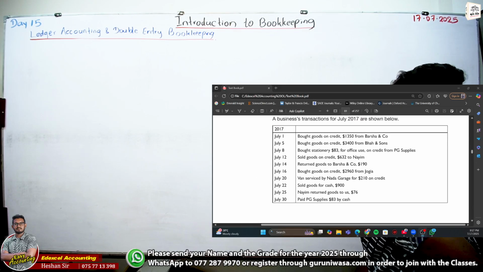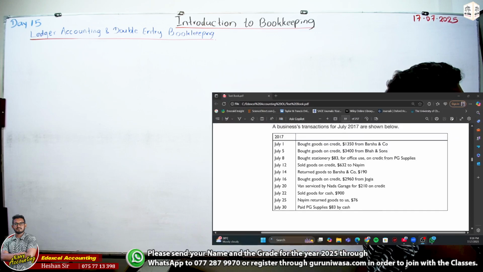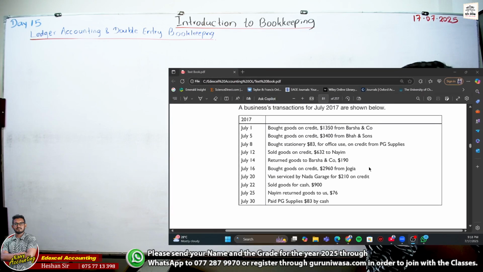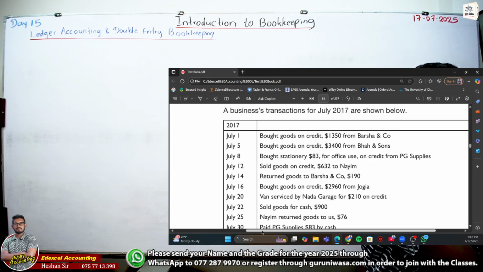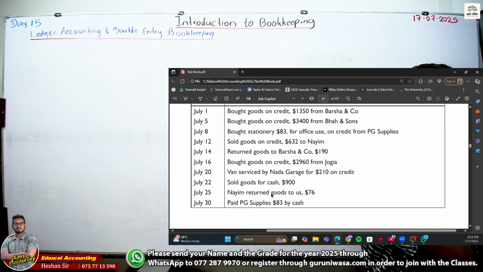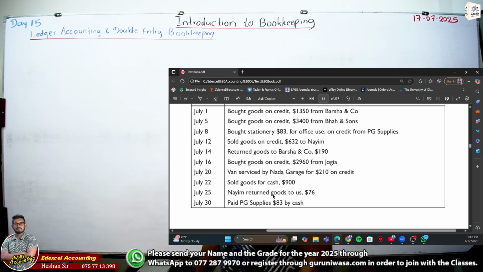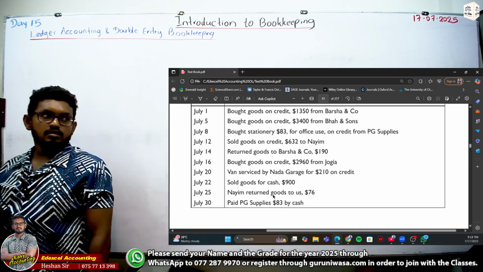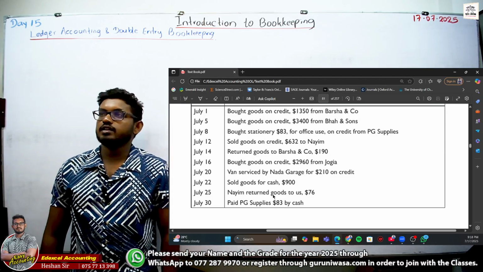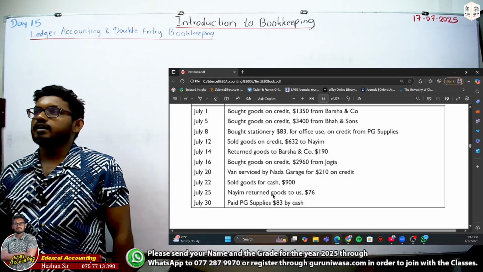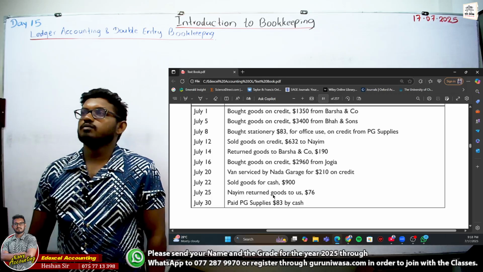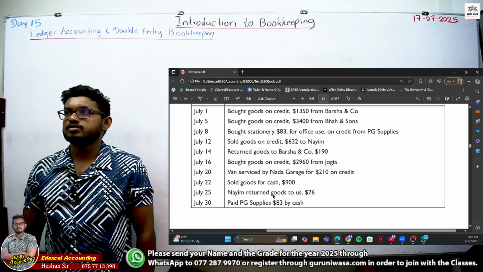A business transaction in July 2017 is shown below. Bought goods on credit, 1,350 from Basha and Company. Bought goods on credit, 3,400 from Basha and Sons.